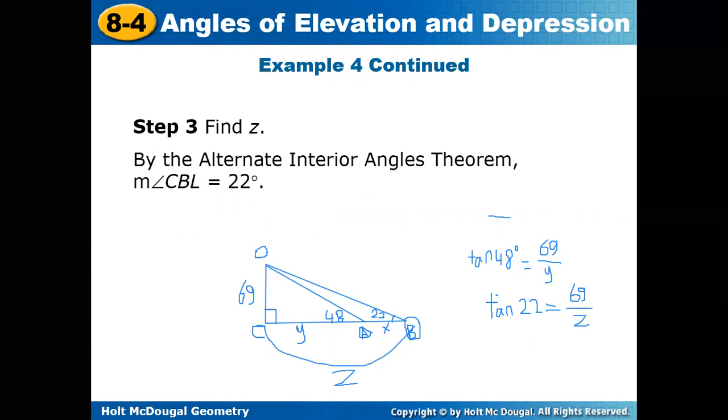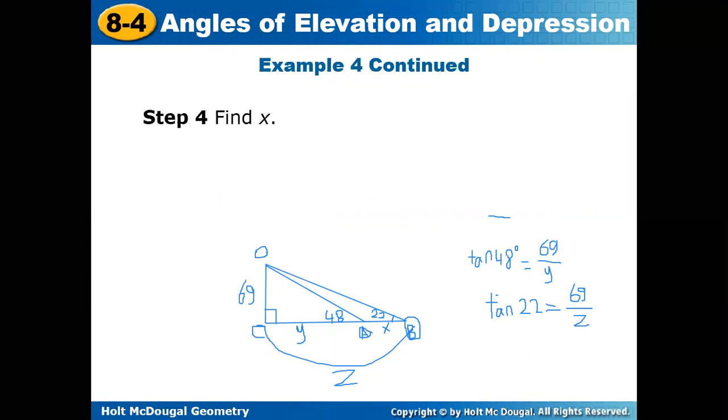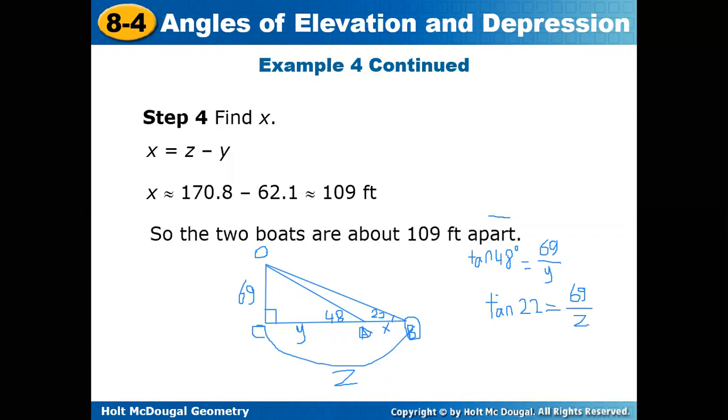And then to find z, the same 69 over tan 22, which is 170.8 feet. Now to find x, subtract them, z minus y, which is equal to 109. Okay, so the distance between the two boats is about 109 feet apart.